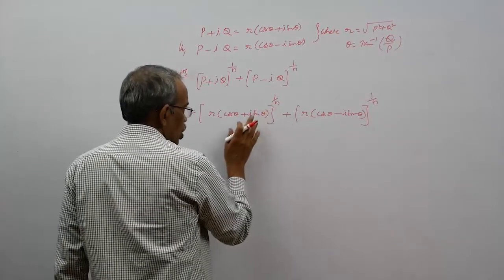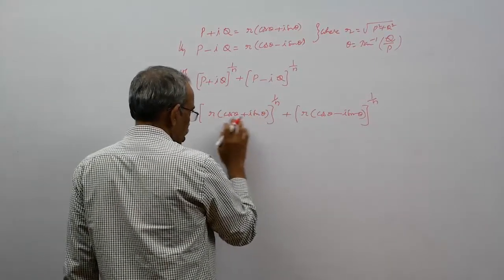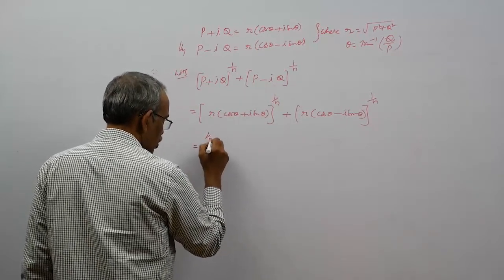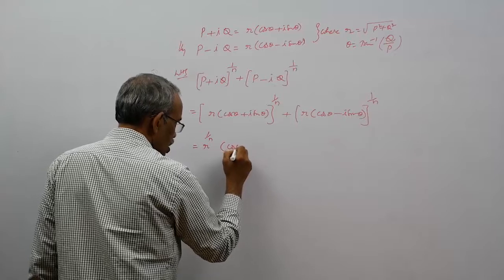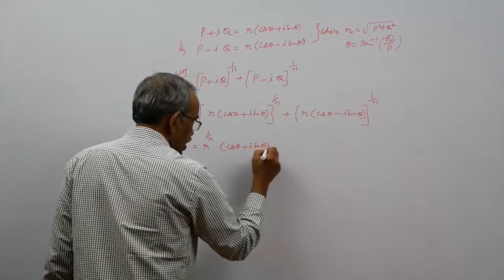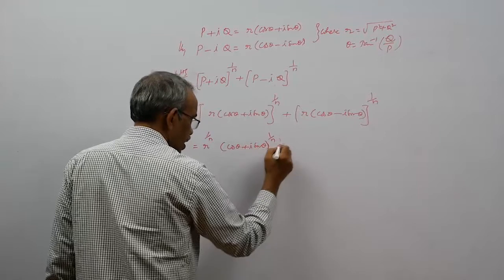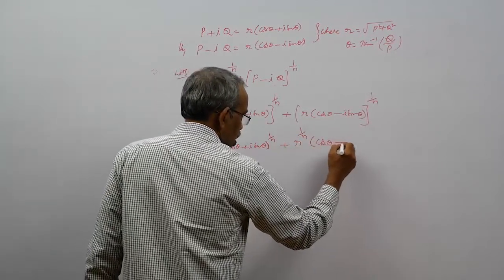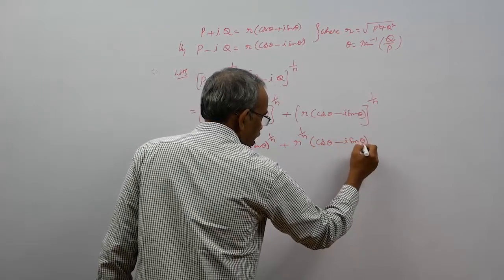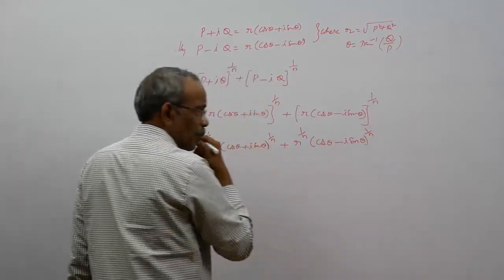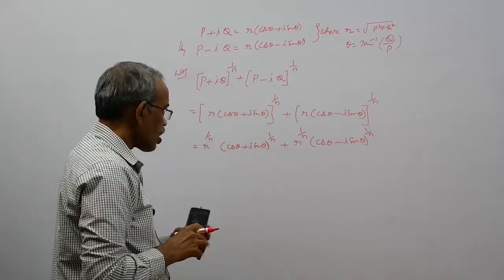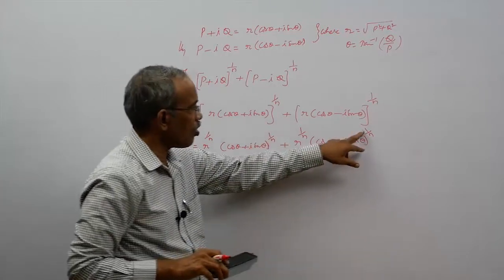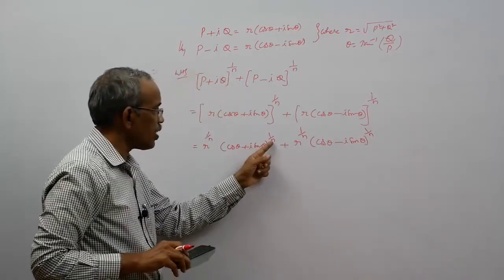So this can be expressed as r to the power of 1 by n into (cos theta plus i sin theta) whole to the power of 1 by n plus r to the power of 1 by n into (cos theta minus i sin theta) whole to the power of 1 by n. Here 1 by n is a rational number, therefore this expression has n values.